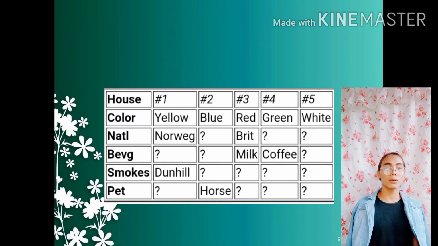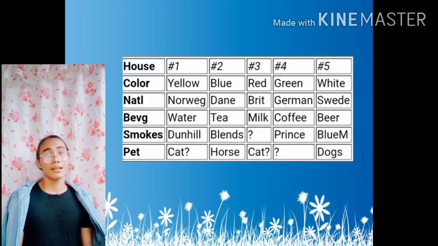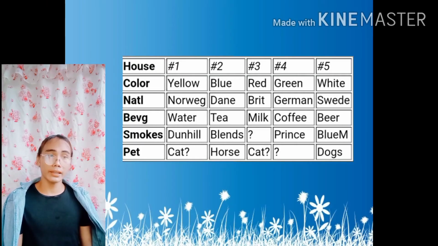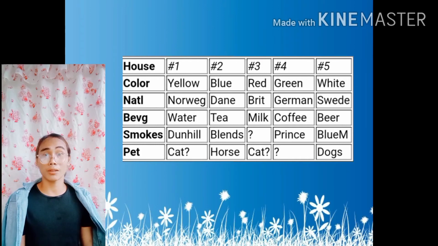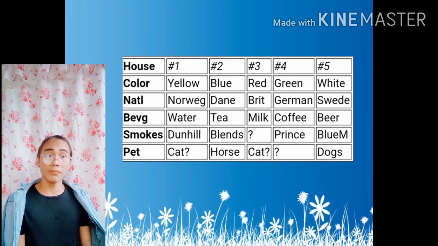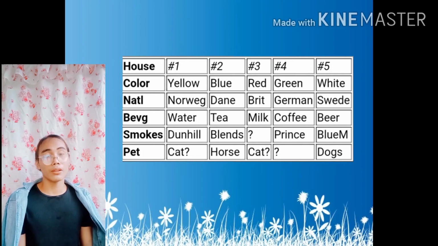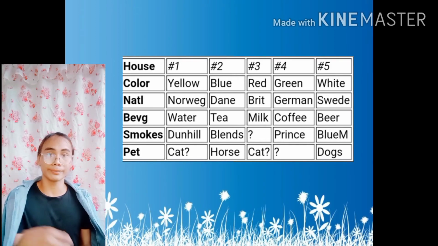The man who smokes Blends lives next to the one who has cats, so that cat house is number 1 or number 2. Since the Dane drinks tea, he must live in either house number 2 or number 5. The Swede and German could live in house number 2, number 4, or number 5.